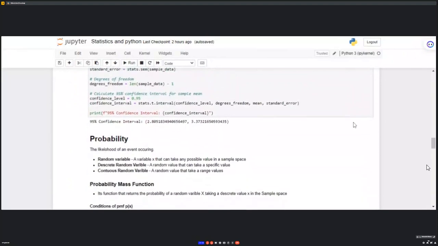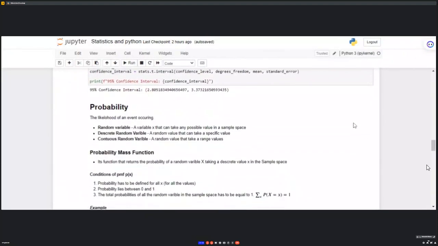We move on. So here we now go to probability. Probability is simply the likelihood of an event occurring, like the probability of it raining today, the probability of you falling down today. That's simply probability, a chance of an event occurring. And in probability, we have a random variable.